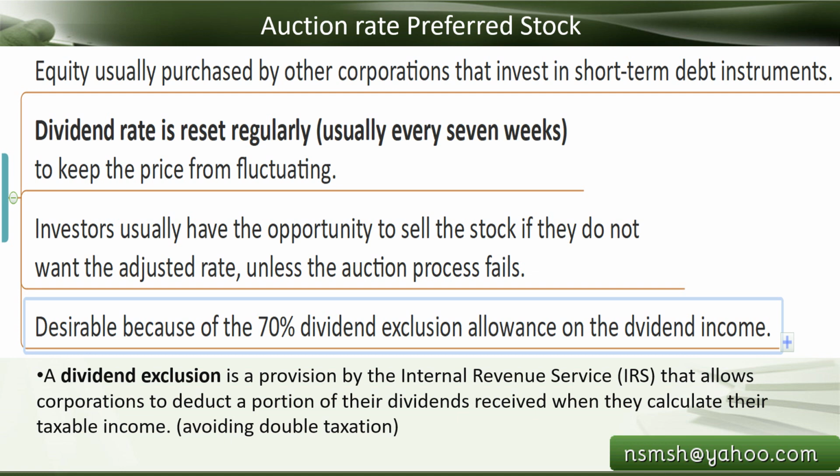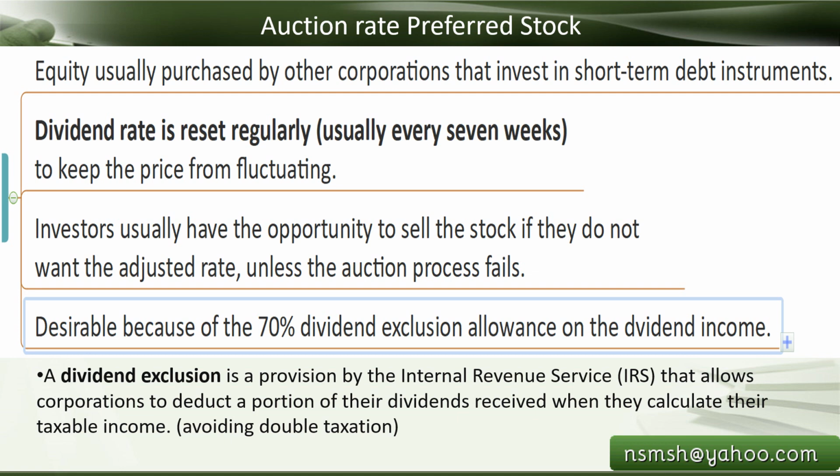If the auction process fails, that is a different thing. But usually investors have the option to sell it in the market if they don't accept the adjusted rate. It is desirable because of the 70% dividend exclusion allowance on the dividend income.